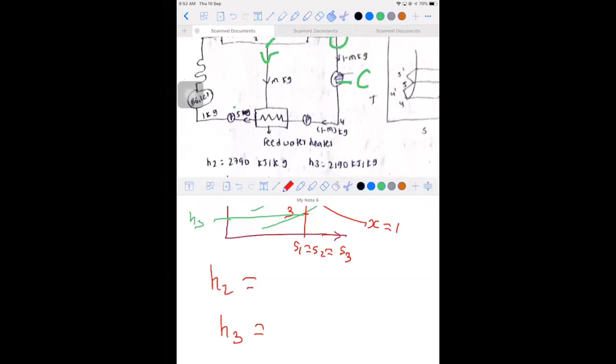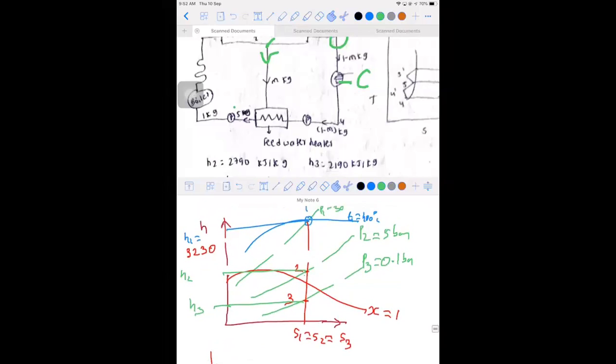347, what is the value of H2? Simply, you have to draw the isentropic line from here, and see where it cuts the 5 bar line. You check whether you have intersected 5 bar or 0.5 bar. H3 is 2190, okay, correct. How about H2?